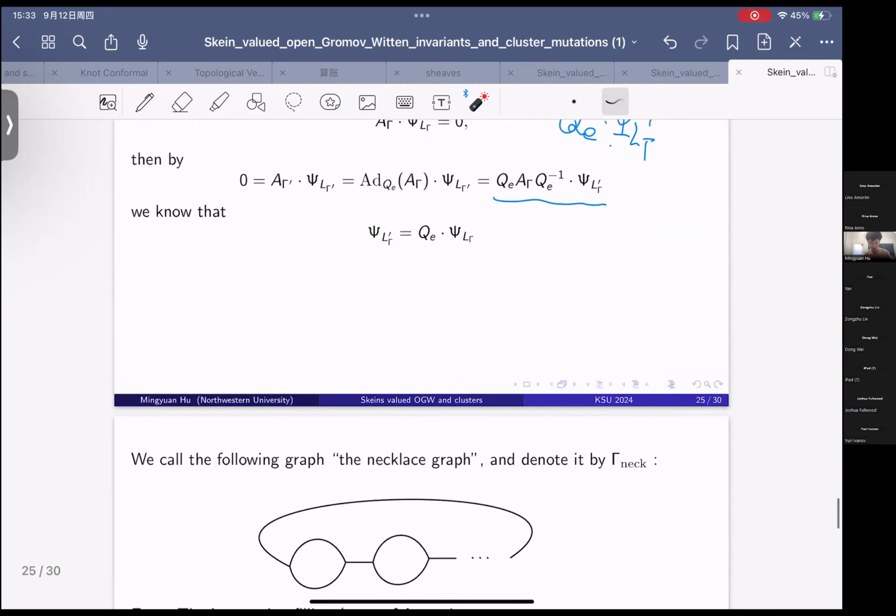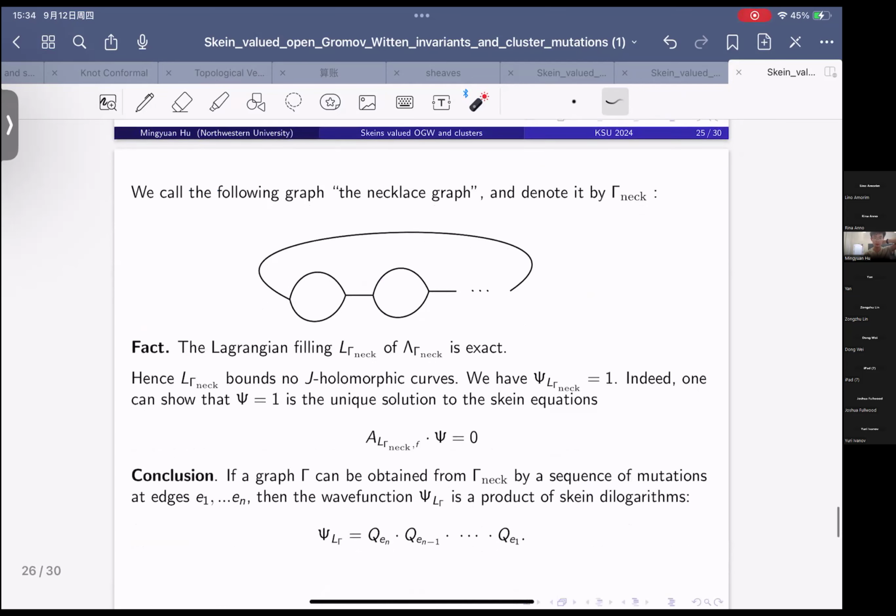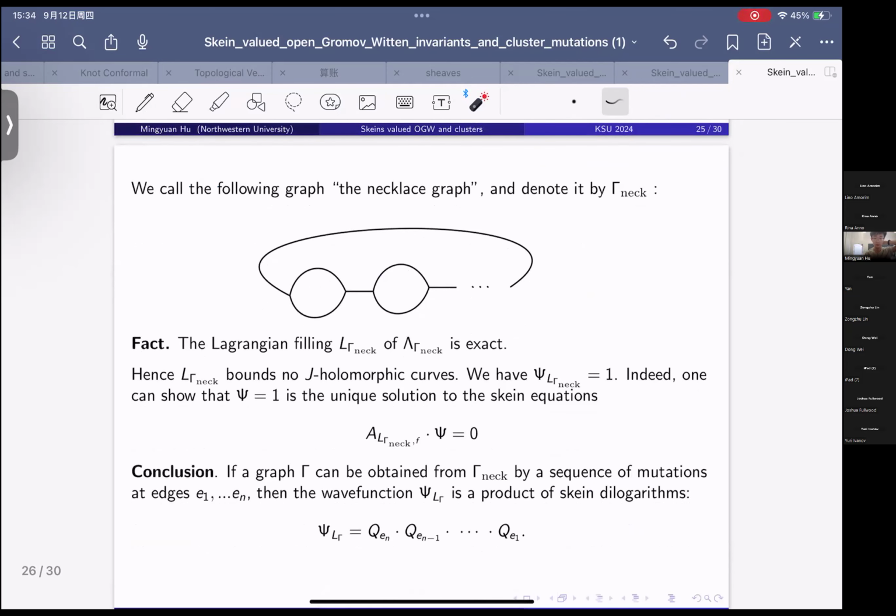There's one more thing: any two graphs can be mutated from one to the other. So roughly speaking, all graphs are mutation equivalent. So we only need to know the wave function of one graph, which is the following.